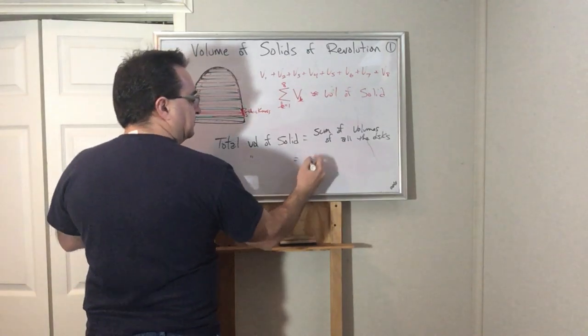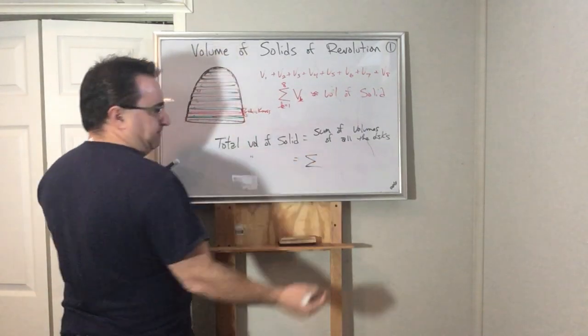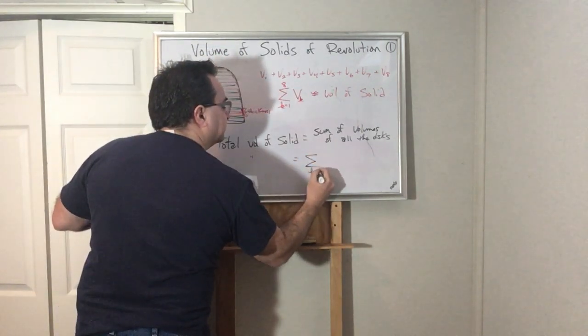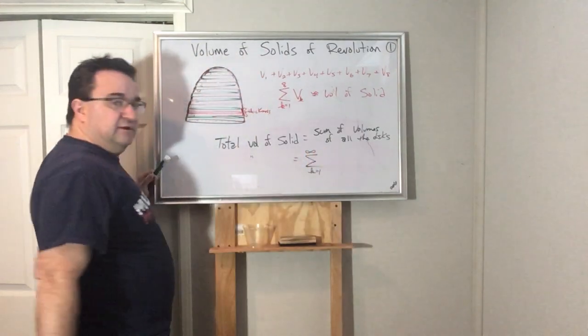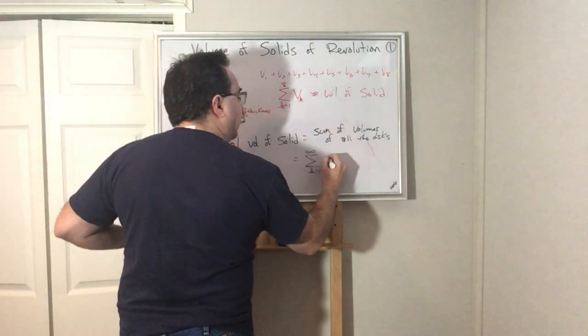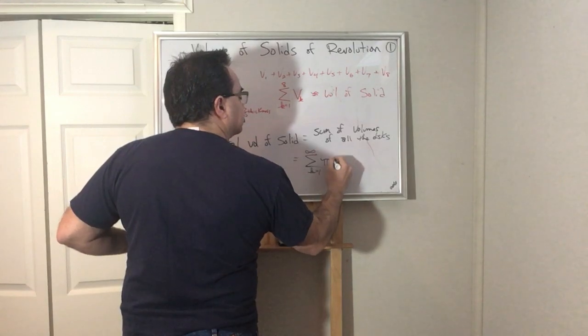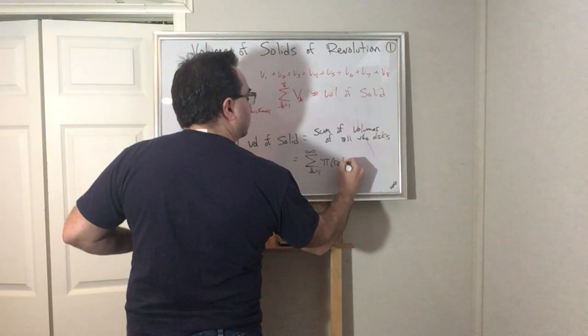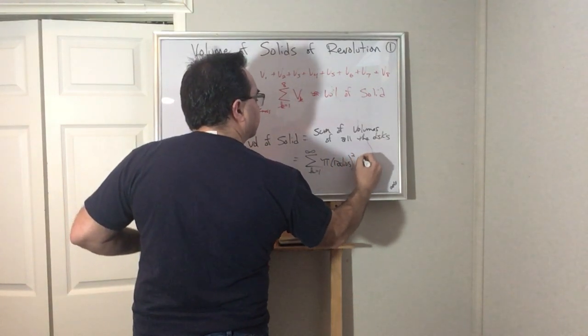And that in turn could be expressed as the sum as k goes from 1 to infinity of pi times the radius squared times the thickness.